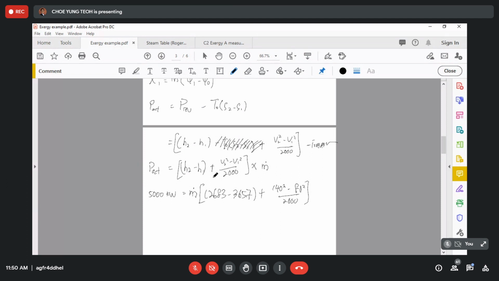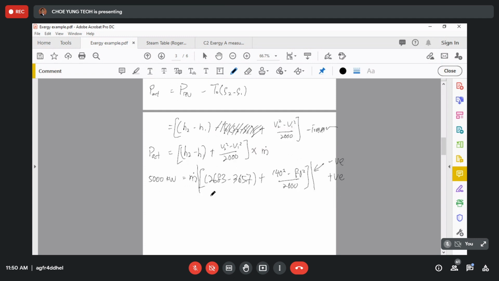Okay, but please take note that this term may give you a negative value or positive value, but it doesn't matter. The mass flow rate must be positive. The only difference is, as I said, work done to the surrounding, work done to the system, or the system supplying work. So we can put the modulus over here, and we can continue to get the mass flow rate.